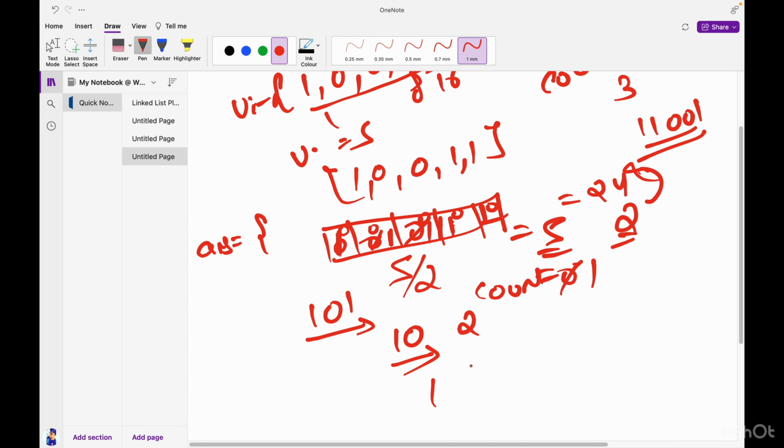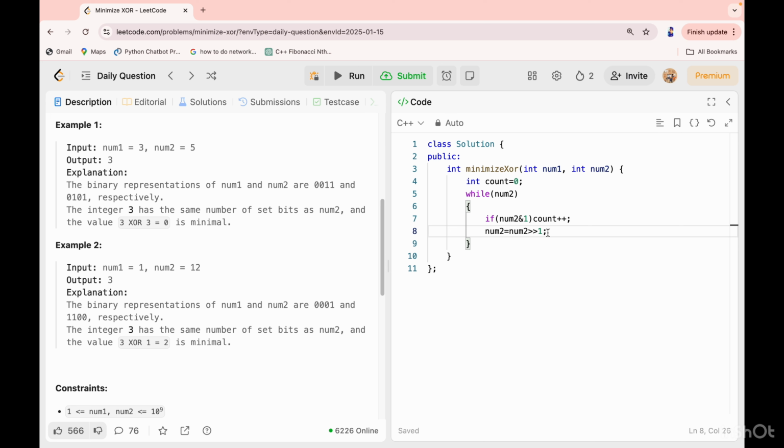We will get 1, which we also get by dividing by 2. Okay. Now is this number odd? Yes, it is odd. Count is equal to 2. Now we will shift it. We get 0. The loop is over. So we have got 2 set bits in the number, only 2 set bits. Okay. This is for shifting, and right shift does division by 2, and left shift does multiplication by 2. Okay. So this is a basic thing.